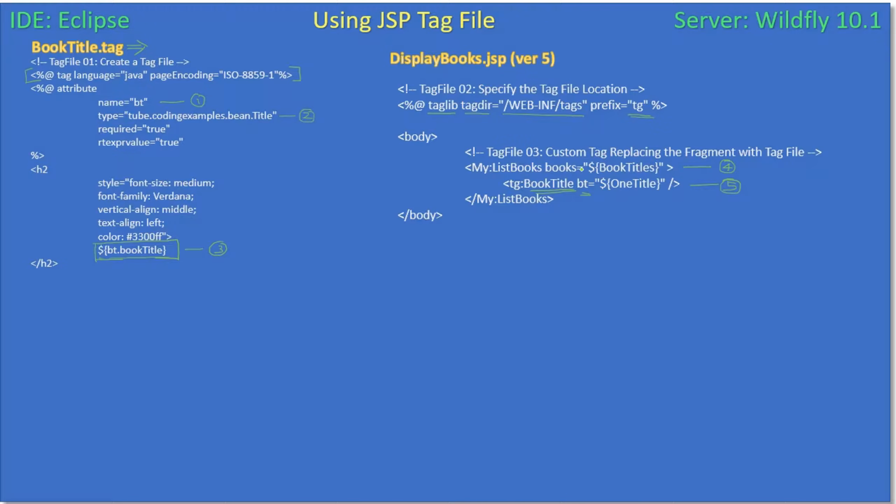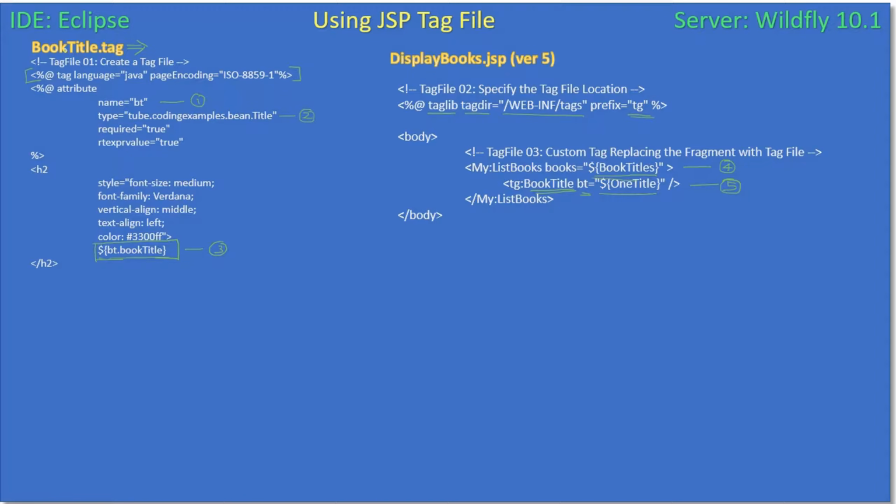So any array list, and we gave the array list as the bean object. Here we are using a context variable, one title. Here it is book titles. This book titles will be supplied by the servlet, and this one we will supply from our tag class. We will see that soon.